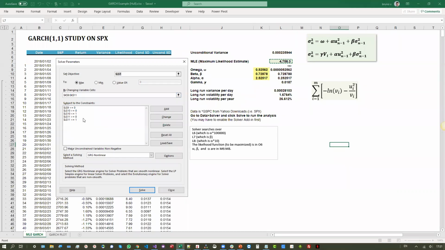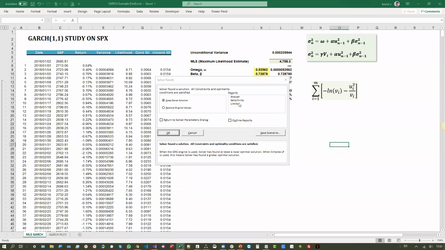Generally people use simplex, but GRG nonlinear is actually slightly more powerful. And evolutionary is quite interesting because it uses genetic algorithms. That's a topic I like a lot. Anyway, you just press solve, and after a few seconds, it will give you the result.